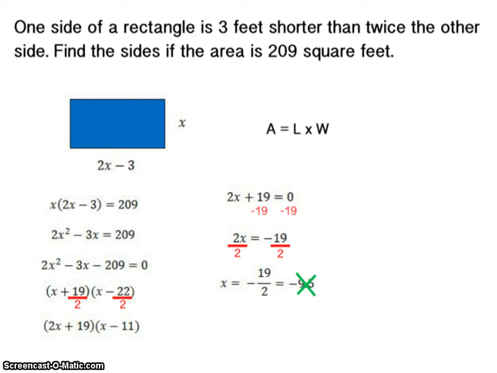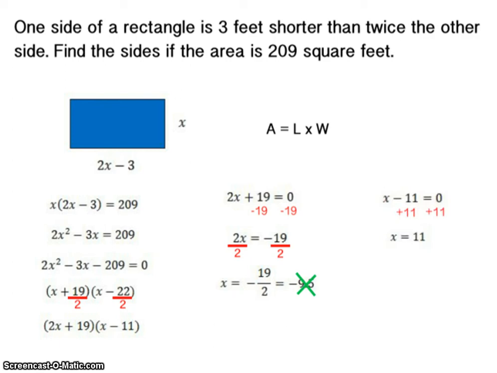Now you'll notice that when I set 2x plus 19 equal to 0, subtract 19 from both sides, and then divide both sides by 2, I end up with a negative value. Now we're talking about length and width here, and so it's impossible to have a negative value. So this is an extraneous solution, or a solution that's not valid for this particular word problem, because it's negative and we can't have a negative length or width.